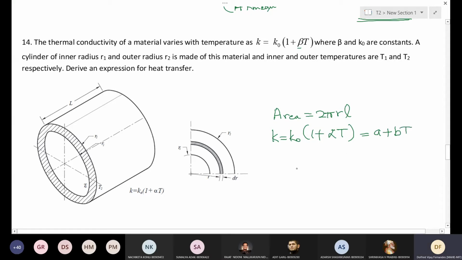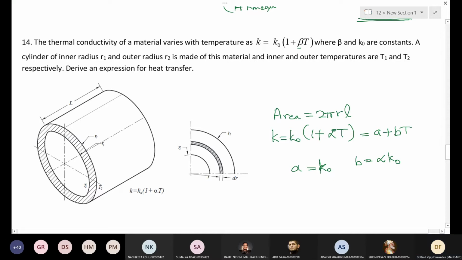What is the meaning here? A is nothing but K0 and B is nothing but alpha into K0. Okay. So the values will be given, A, B or alpha, K0. These values will be given to you.